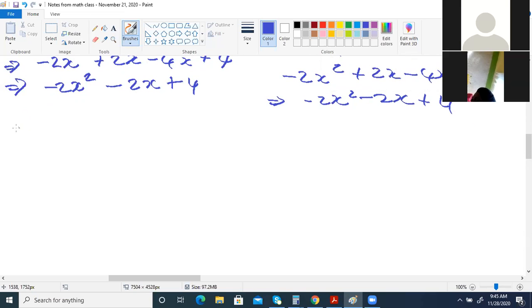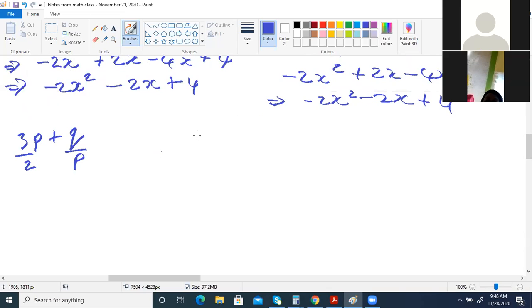Let's see. So this is 3p plus q over 2. So has anybody attempted this question? Yes, sir. All right. So what did you get for the LCM?